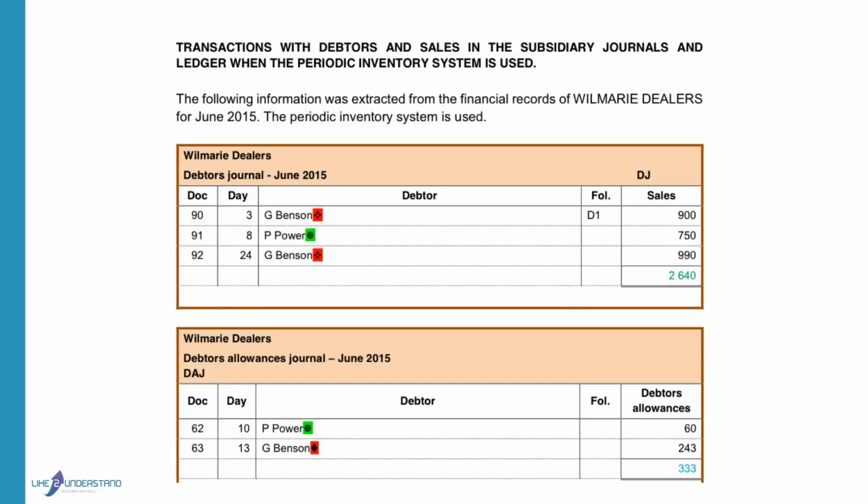The totals in the sales column will be posted to two accounts in the ledger to complete the double entry. We will debit debtors control to increase the amount that the debtors owe, and we will credit the sales account to increase the income.